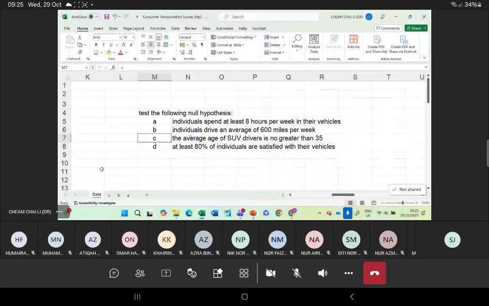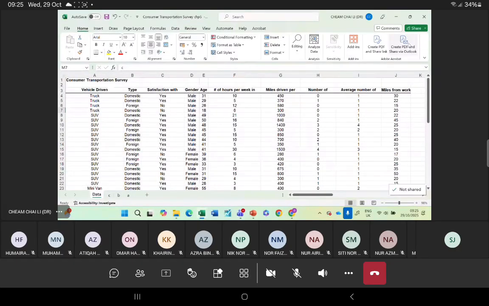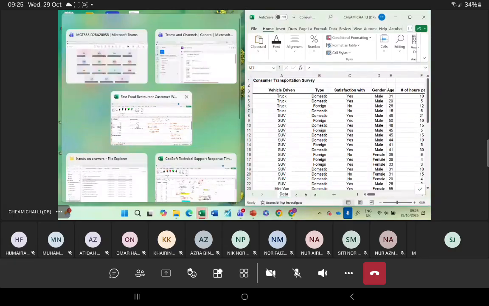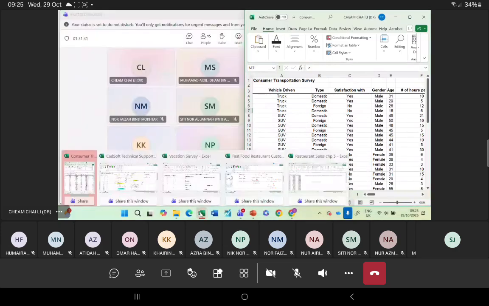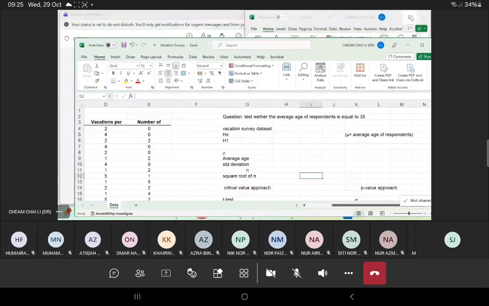So we have consumer transportation, this data set. And satu lagi adalah vacation survey.